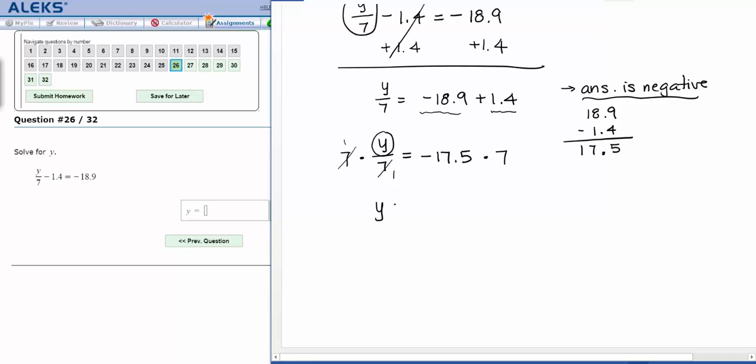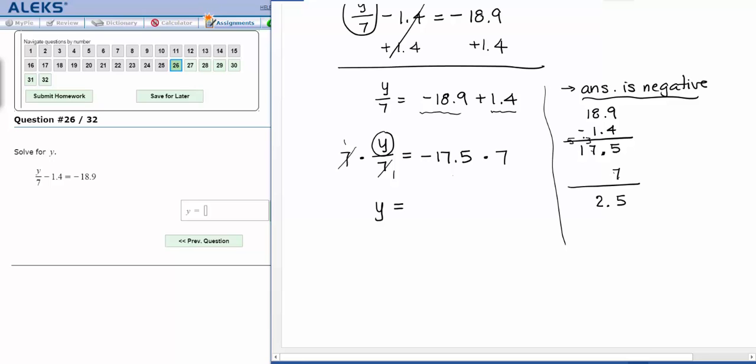So now I have y equals, and let's do the math here. So I have 17.5 times 7. And again, remember this, we have to remember that our answer is also going to be negative. So if I do 7 times 5 is 35. 7 times 7 is 49, plus 3 is 52.